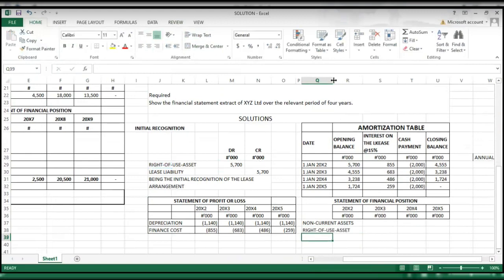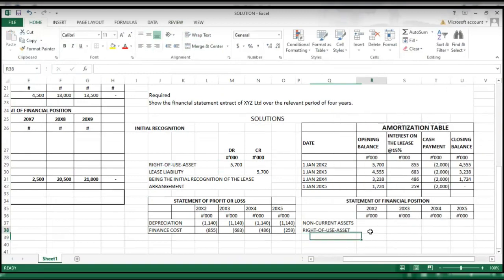So at the end of that year 20x2, the right of use asset will be depreciated by the depreciation. So it's going to be the cost minus the depreciation. That's going to be the value here.